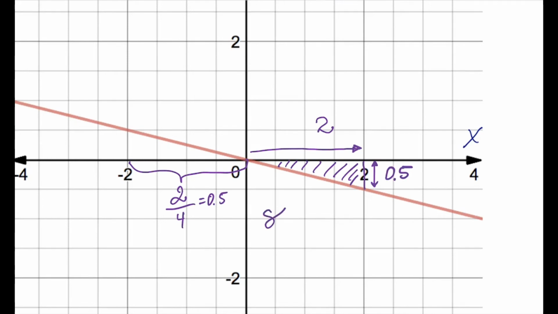Well, slope then is going to be drop over run. Drop is a negative number, -0.5. And then my run was 2. Well, then what is 0.5 divided by 2?